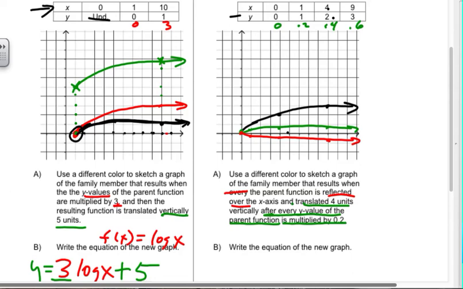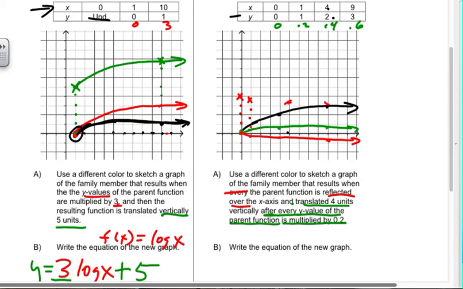Okay. And now we're going to translate 4 units vertically. So I take every point that I have and move it up 4 units. That'll be 1, 2, 3, 4. This one was a little bit below it, so I stay a little bit below. So I'm going to have 1, 2, 3, 4. So there's 1. There's another one. 1, 2, 3, 4.